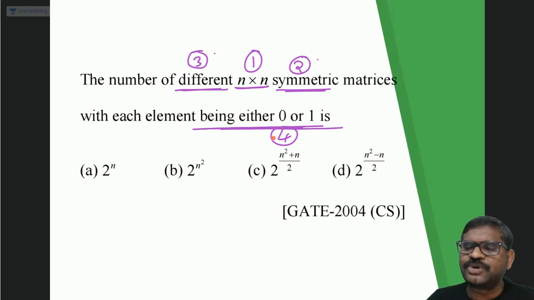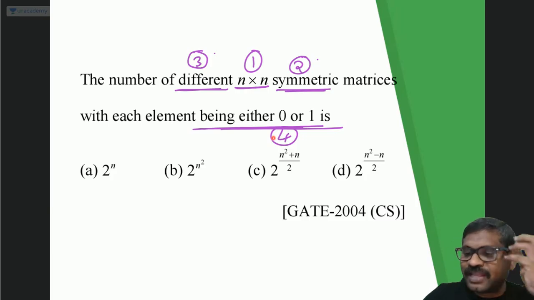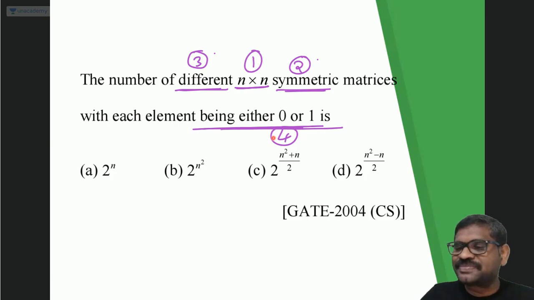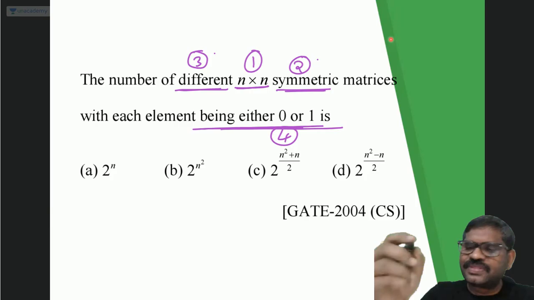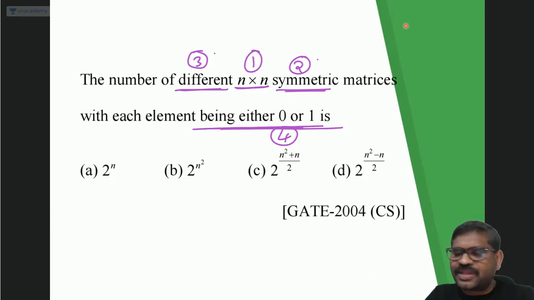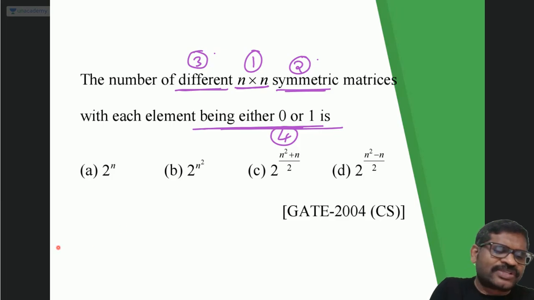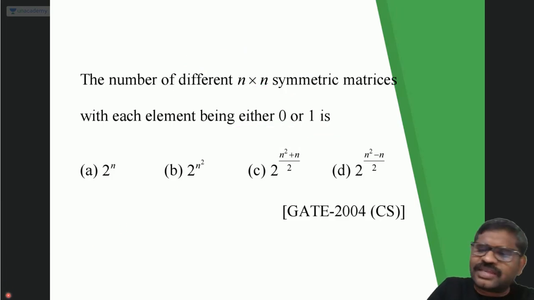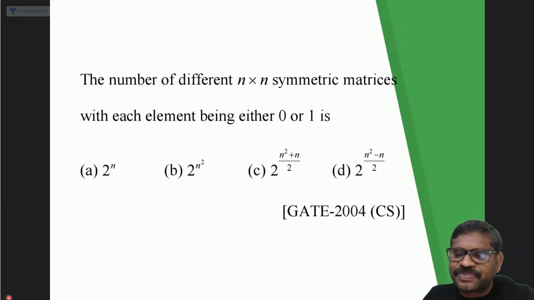Not able to click the concept, don't worry, I am here to explain. Okay, I'll explain 2-3 methods. Very good, excellent problem. In this problem, you can solve it either by using options or by the conventional approach.